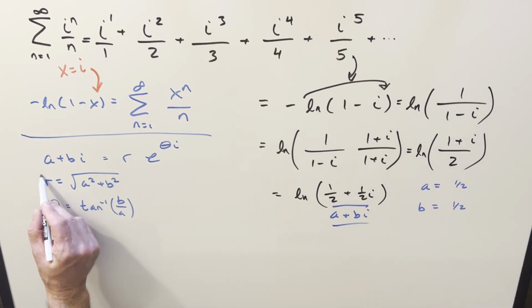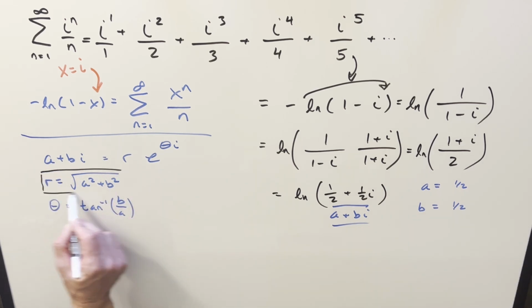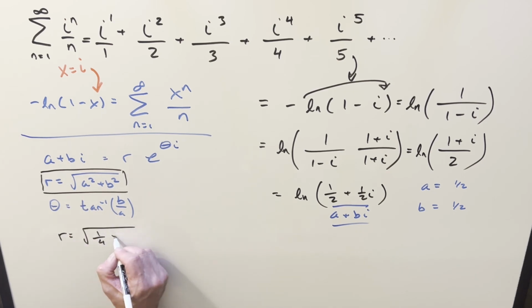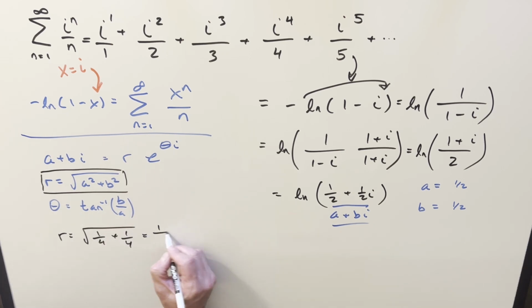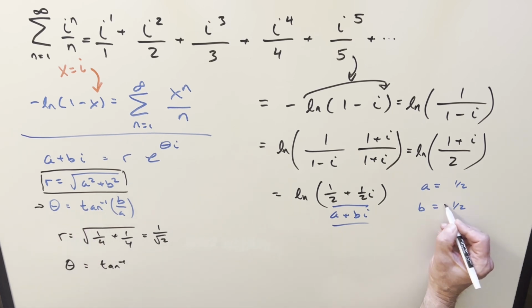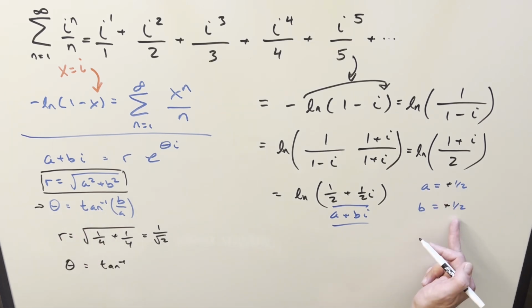So first, in order to get this r value, let's just plug into this. For the r value, we're going to have the square root of a squared, which is 1 over 4, and b squared, same thing, 1 over 4. Putting this together, we have the square root of 1/2. I can just write this as 1 over square root of 2. Then next for our theta value, one thing to think about is the sign in front of each of these in order to determine the quadrant, but both of these are positive, so this is all going to be in the first quadrant.